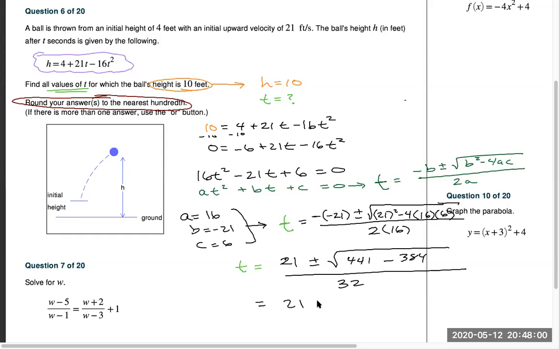And that's 21 plus minus square root, 441 minus 384. That's 57 over 32. Now note, we already know that we're going to get 2 real solutions for T here because this discriminant is positive.